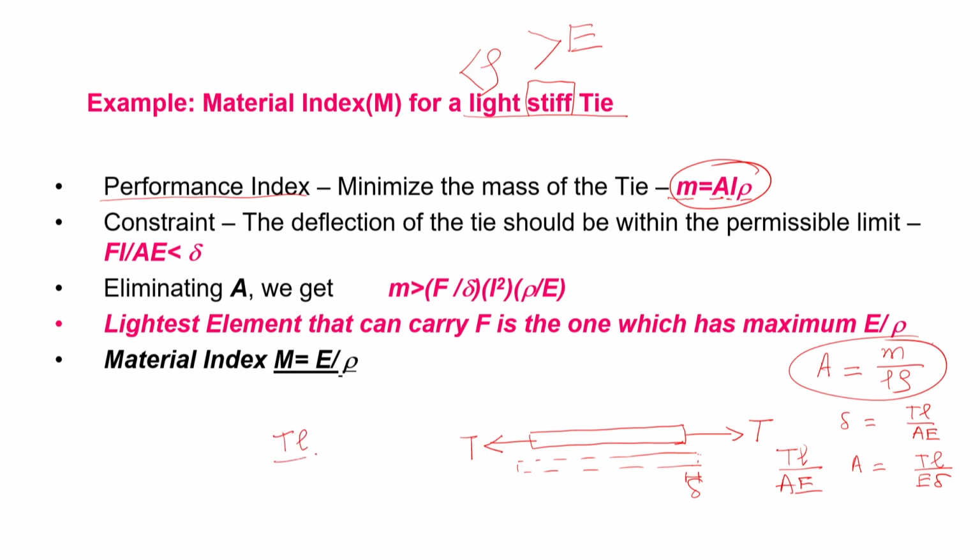I am going to get T L by E delta equal to M by L rho, right. Okay. So, I can write this now in a manner that what is the mass? The mass is now T L square rho by E delta, right.